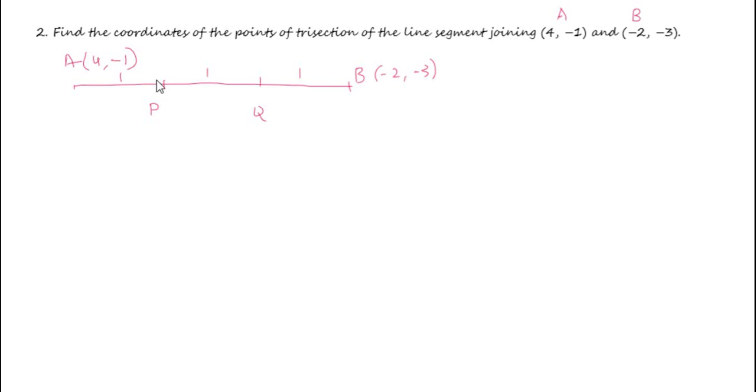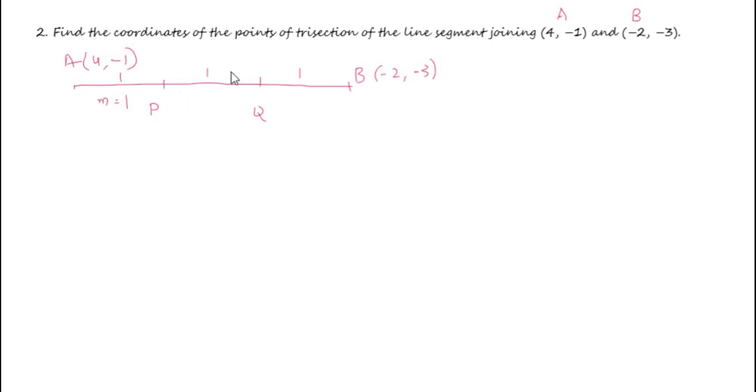Now let us first find point P. Once you find point P, then Q is the midpoint of P and B. Now this ratio m1 equal to 1, that is from here to here, AP.